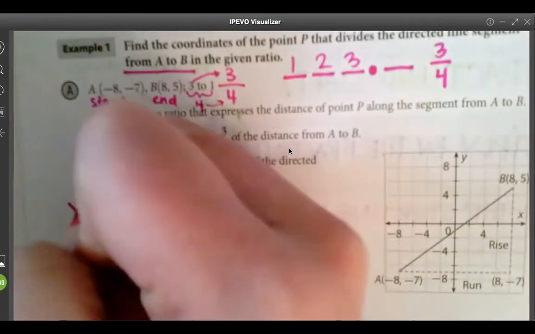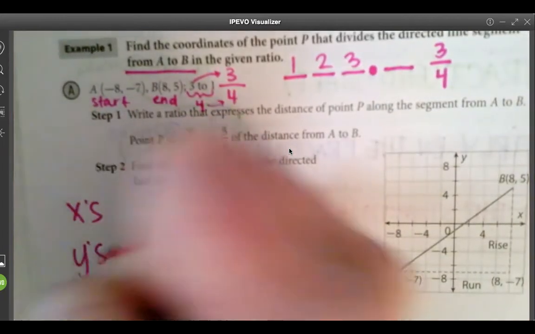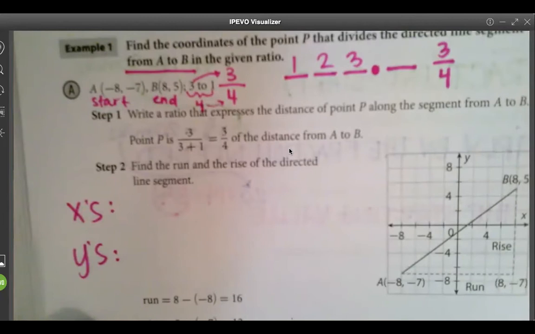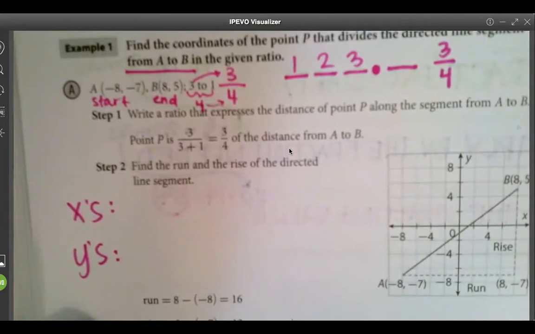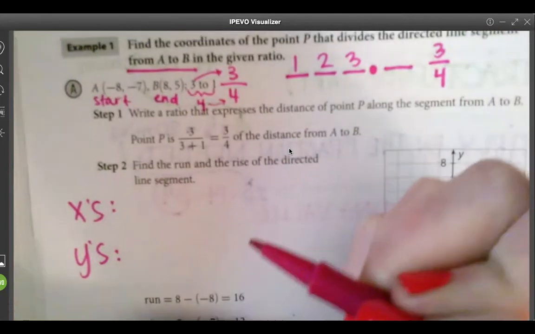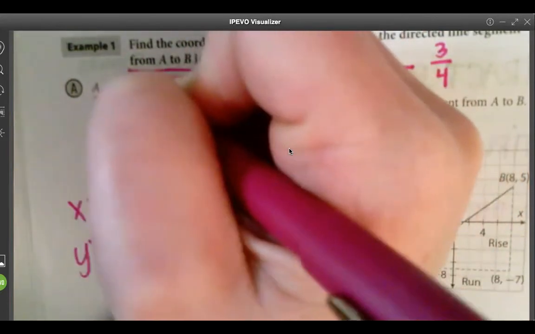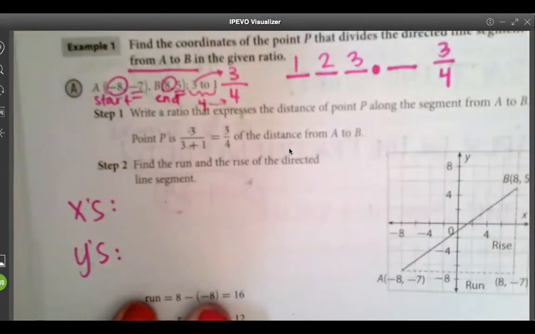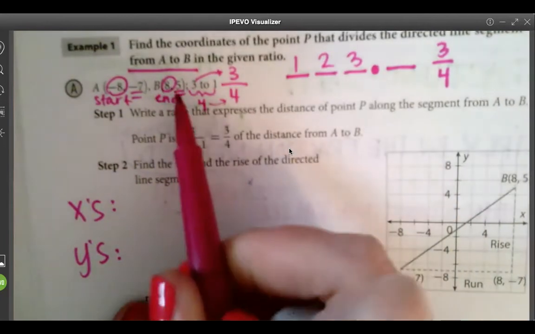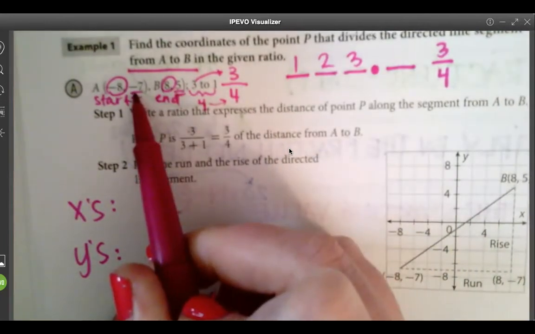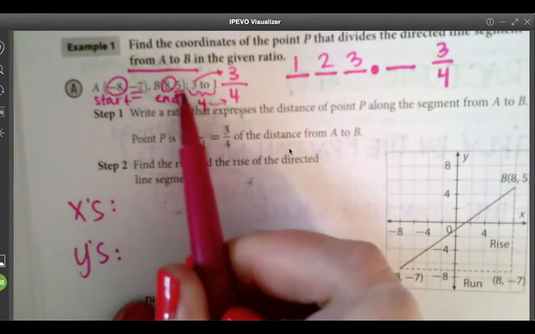Now, I go ahead and set up X's and Y's just like that. That way I kind of keep in line what I'm doing. If you want to, you can even circle your X's and underline your Y's, because it's real easy to jumble up your X's and Y's. Like working with 5 and -7 is what we're supposed to do, but it's real easy to work with 5 and -8.